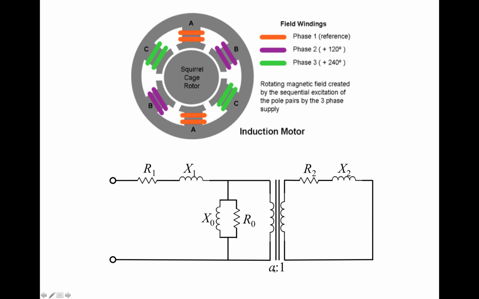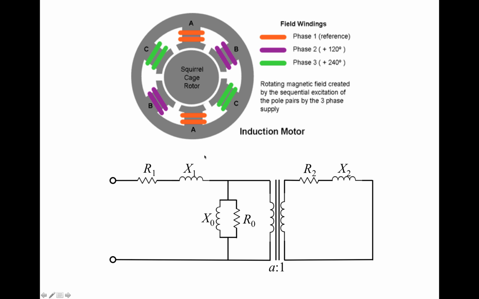If you have windings or coils on the rotor, a wound rotor, then this A accounts for the turns ratio per phase. And if we have three phases, then we have to duplicate the same diagram three times.